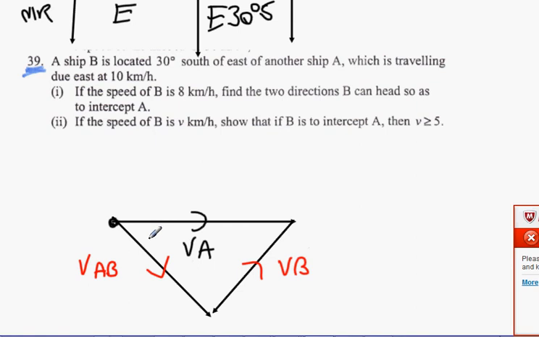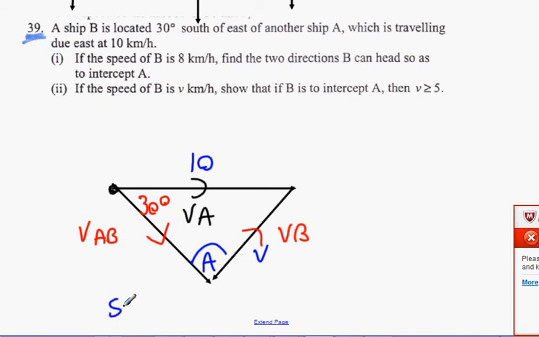Now, what we know already is that this here is 30 degrees. We know that the velocity of B is V, and we know the velocity of A is 10. And what else do we know? We know this angle A here. Then we're going to make a formula out of it.